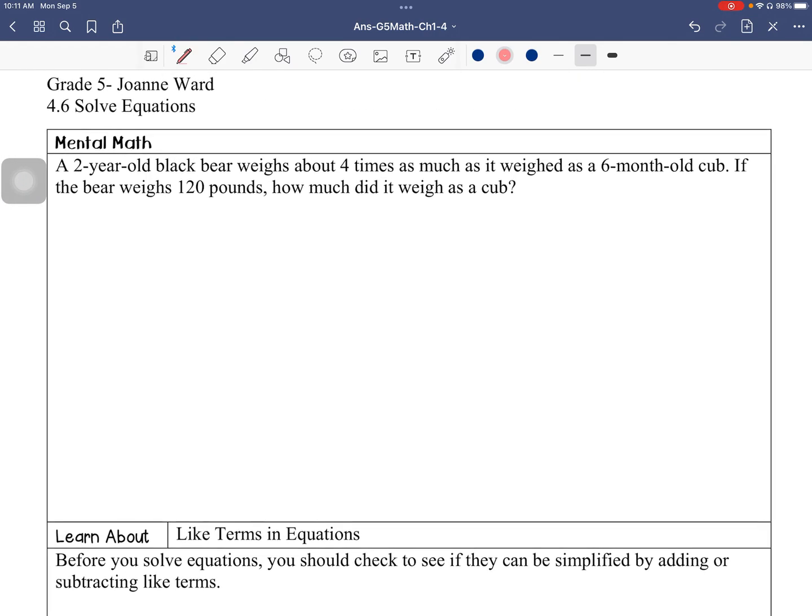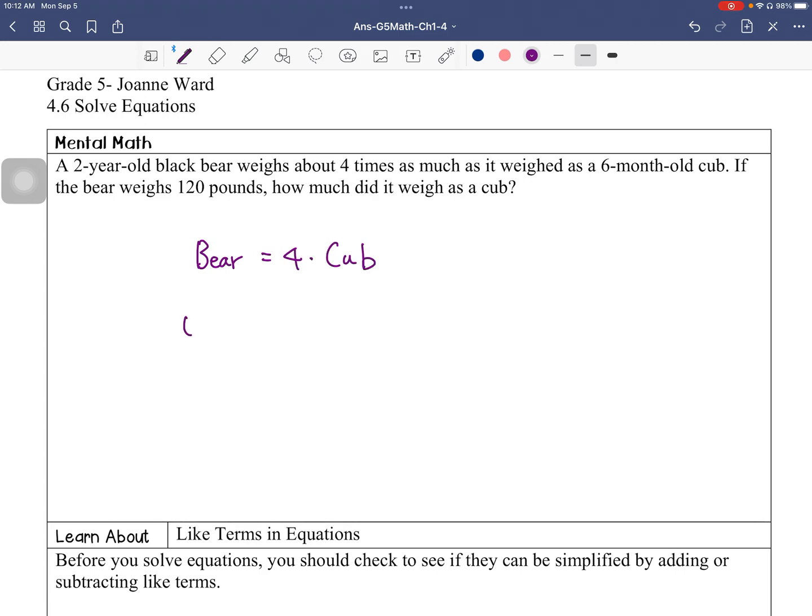And then later we have mental math. A 2-year-old black bear weighs 4 times as much as it weighed as a 6-month cub. So if a bear weighs 120 pounds, how much did it weigh as a cub? So the bear weighs 4 times as much as a cub.